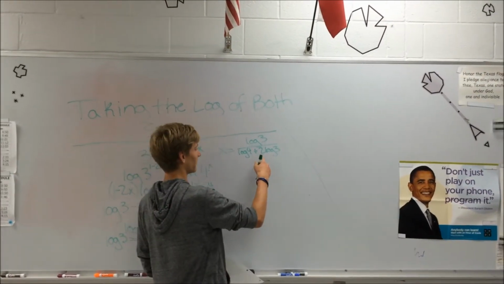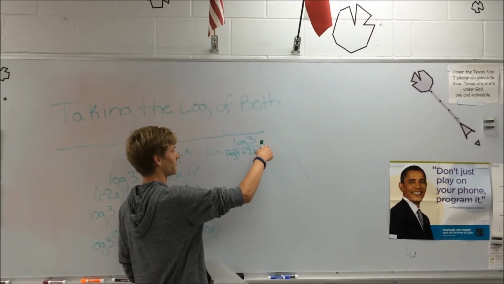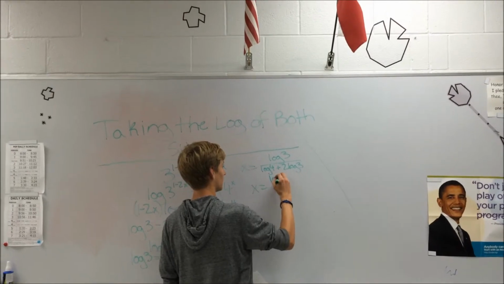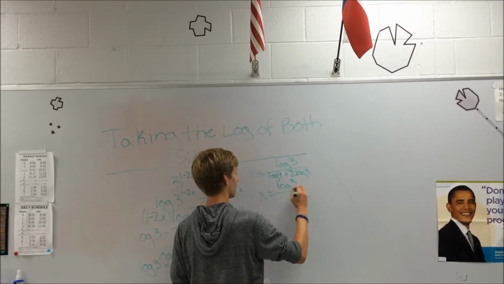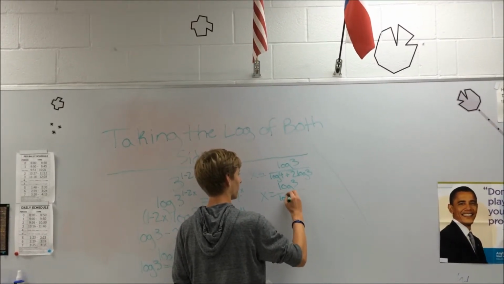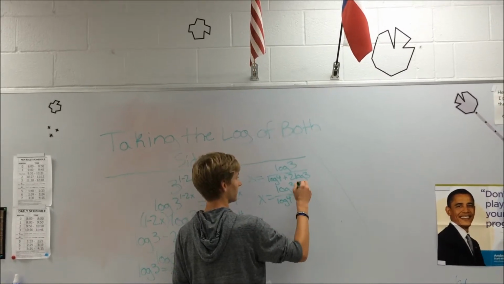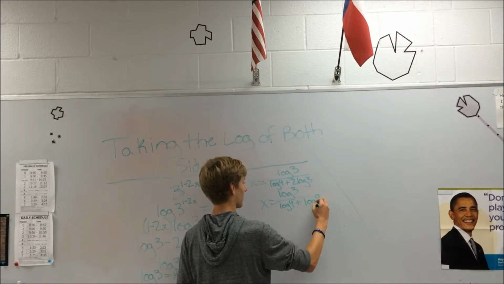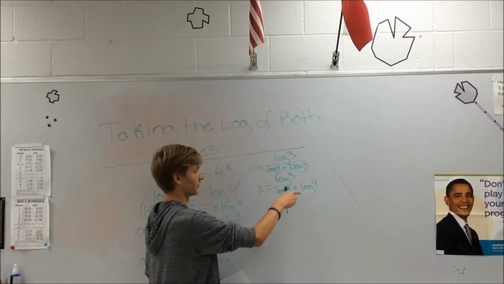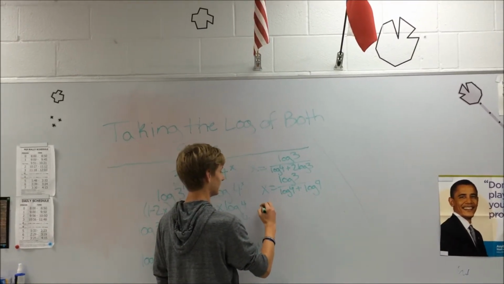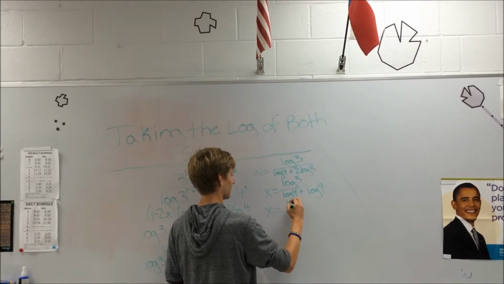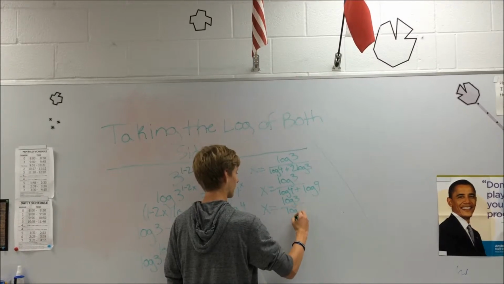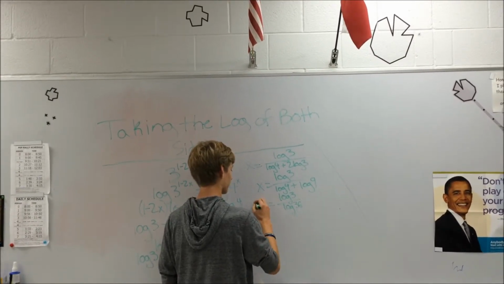And so we can simplify this by moving the 2 up to the exponent on the 3 using one of the properties. So x equals log 3 all over log 4 plus 3 squared, which is 9. And then using the addition property, we can multiply the arguments together, leaving our final simplified answer as log 3 over log 36.